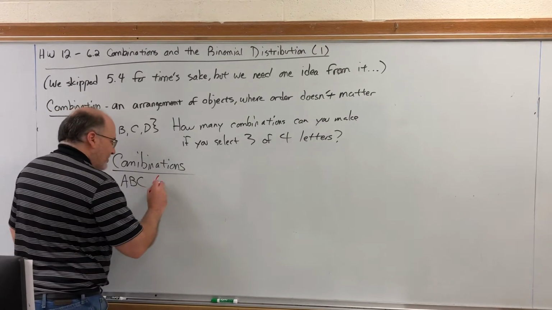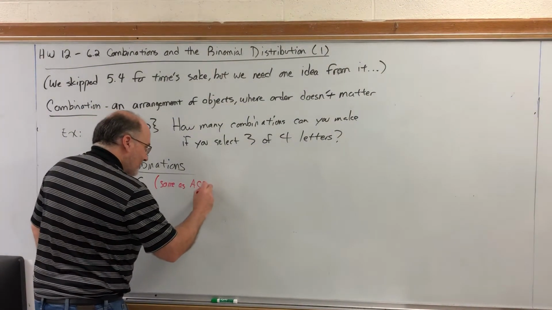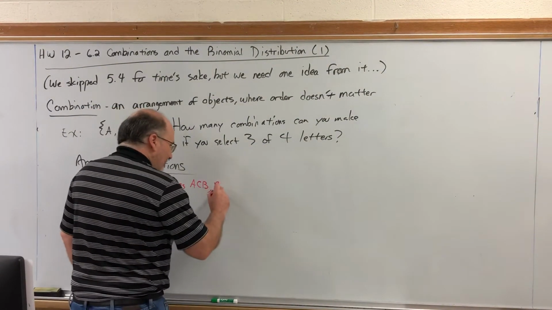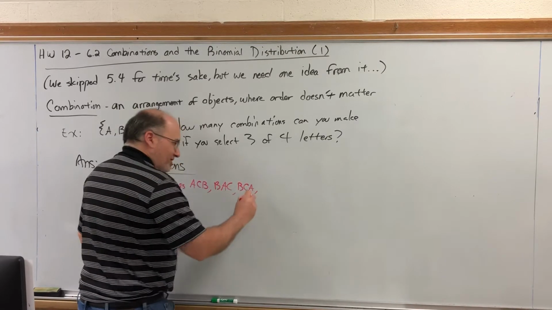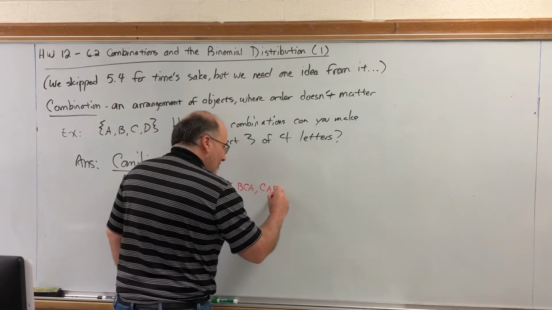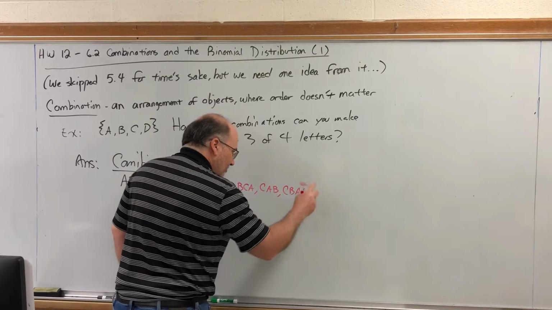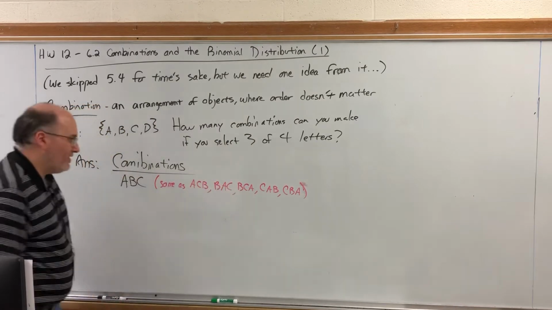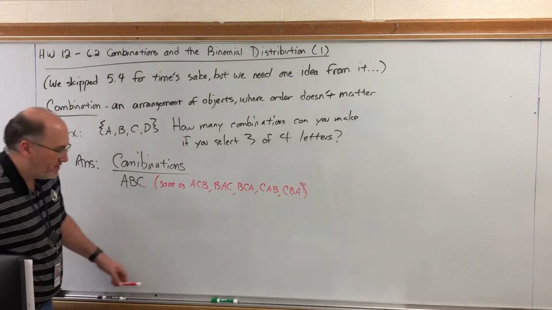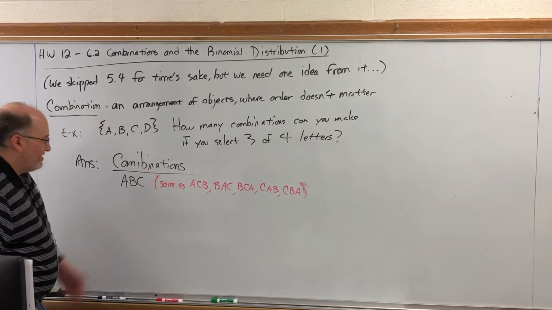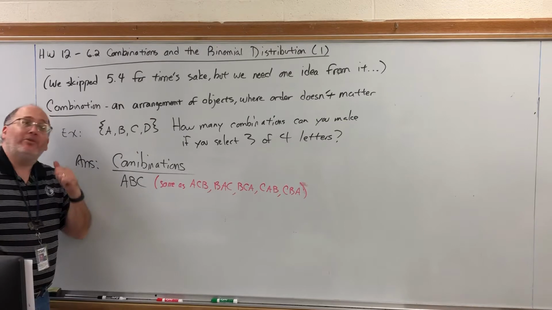So saying ABC is the same as ACB, it's the same as BAC, it's the same as BCA, it's the same as CAB, it's the same as CBA. So I can't say any of these other 5 variations, or rather permutations, of A, B, and C. Once I say A, B, and C, that covers all of them. These are all the same combination.